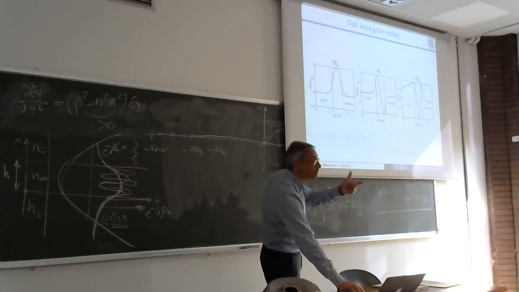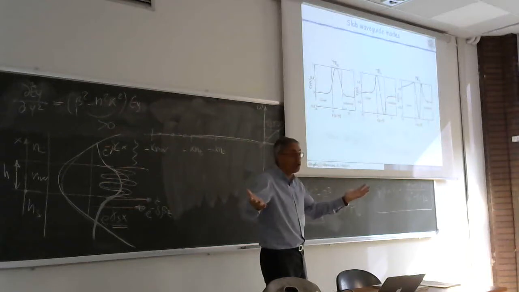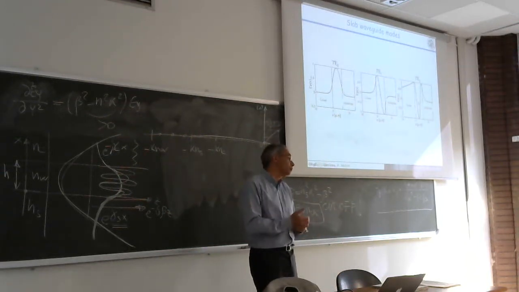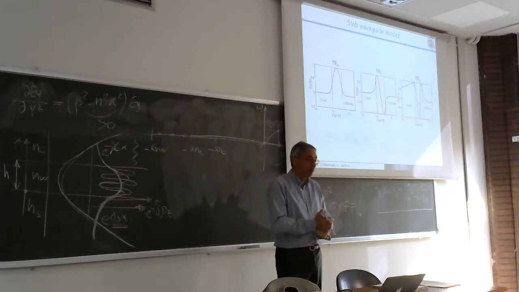But if you increase the transverse wave vector, you have more oscillation inside the core, so you get a shape like this, second mode, or like this, third mode. Outside is always exponential. These are asymmetric waveguides, so you see that the behavior outside is different, not symmetrical, because the waveguide is asymmetrical. And you have a number of oscillations here that depends on the transverse wave vector.